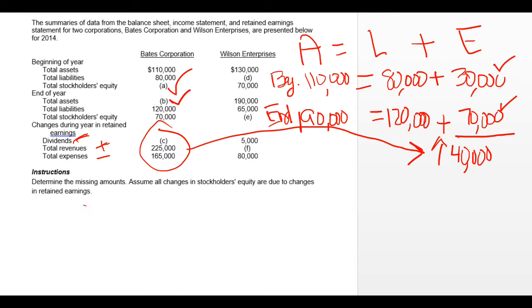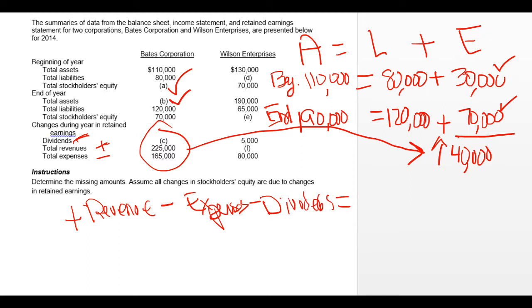So I'm going to have my revenues. Just going to write this out, revenues. Put a plus in front of that. Minus expenses. Minus dividends. Equals my change in equity. Now, look at the amounts.